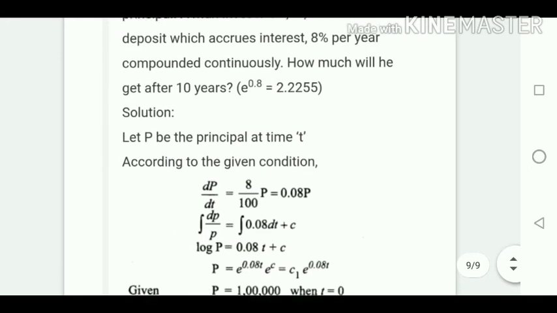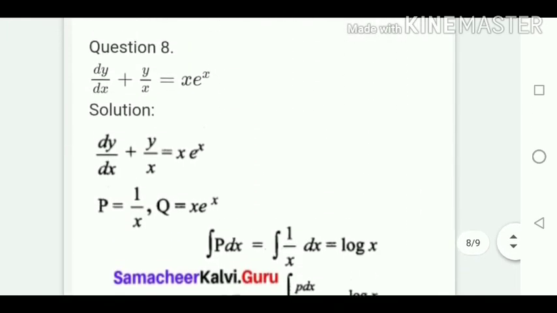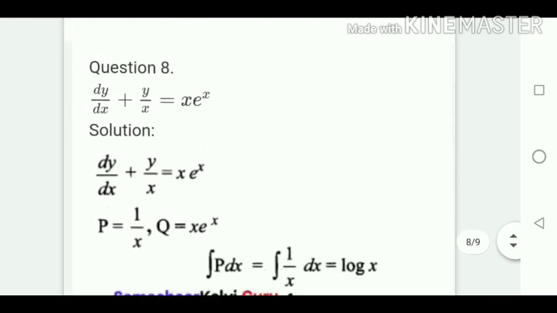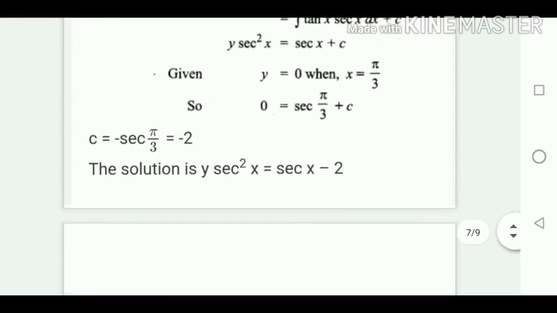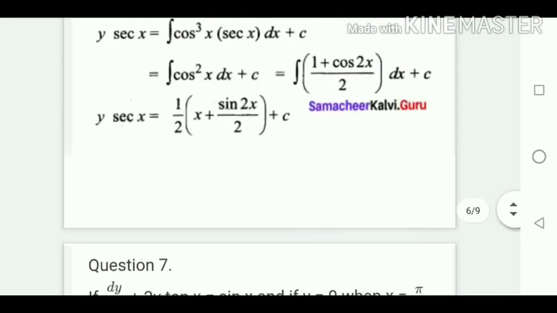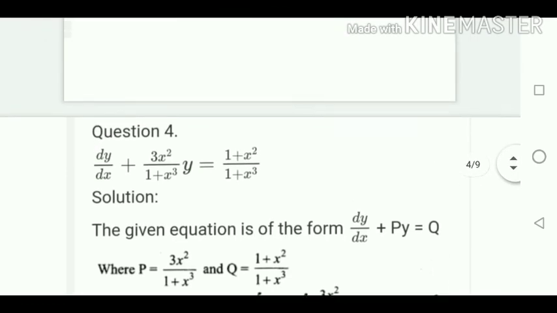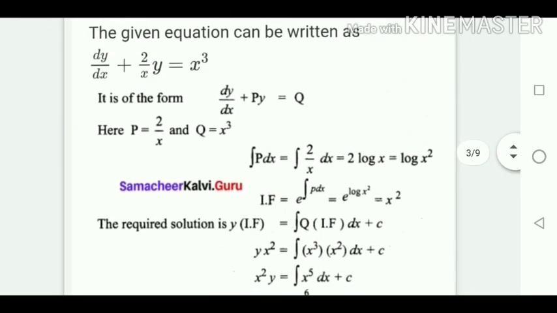So in this exercise we see nearly 9 sums. The first step is to change the question into the form dy by dx plus P of y equal to Q. After that, find the value of P and Q, then find the value of integration of P dx.